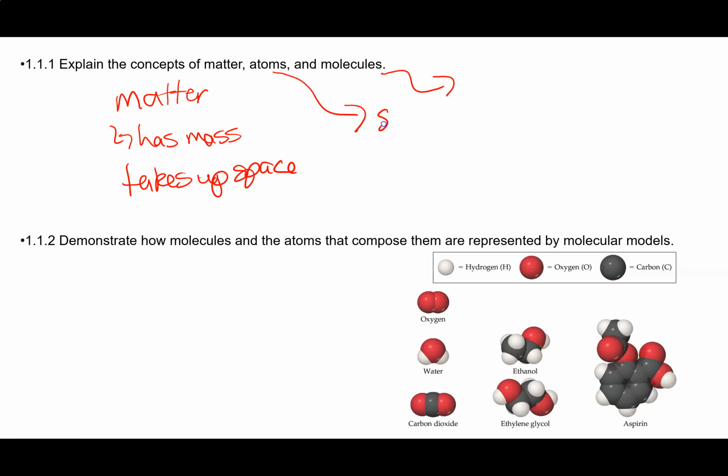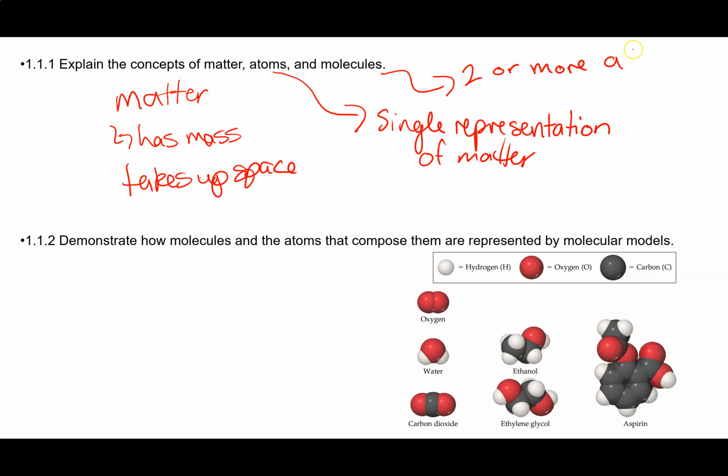An atom is a single unit representation of a piece of matter. A molecule is two or more atoms combined. They do not necessarily have to be different types of atoms in order to be considered a molecule.